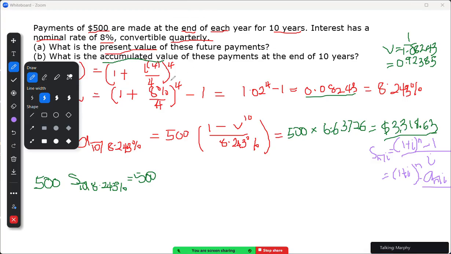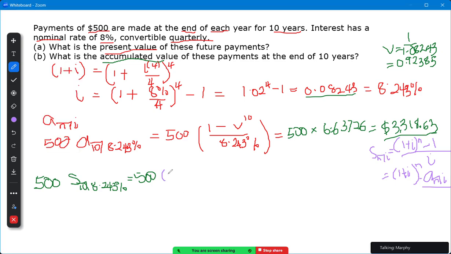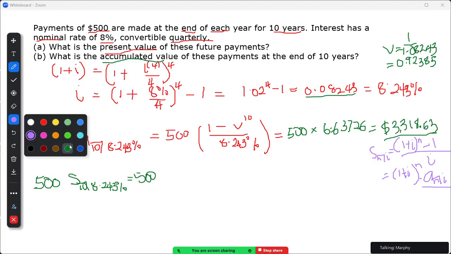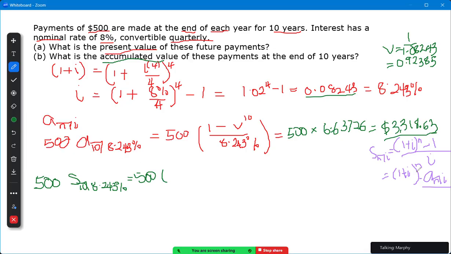So I can decide to put this value here, so you can see this, because the future value is actually what I have here. So this is going to be, yeah, maybe I'm going to use a different color for that. I'm going to use green. Yeah, green. Okay, so this is my I, it is actually this value.